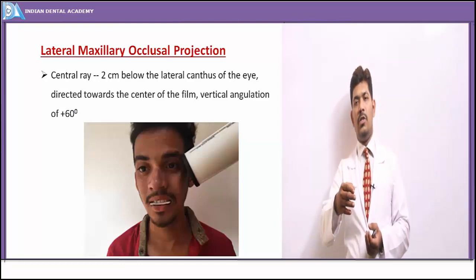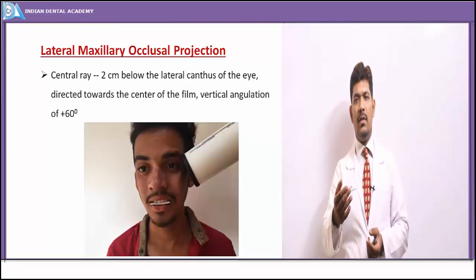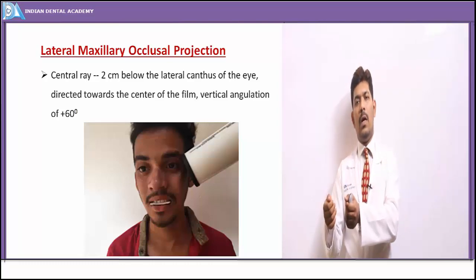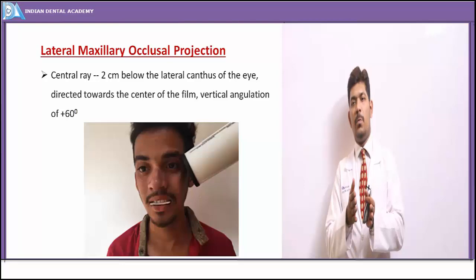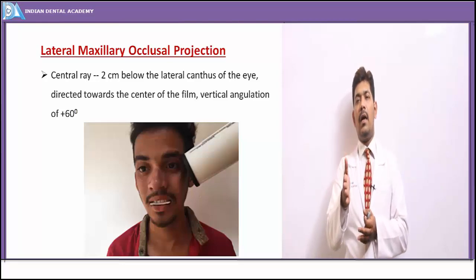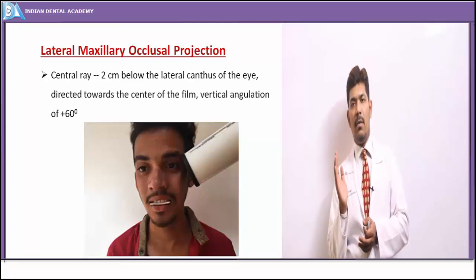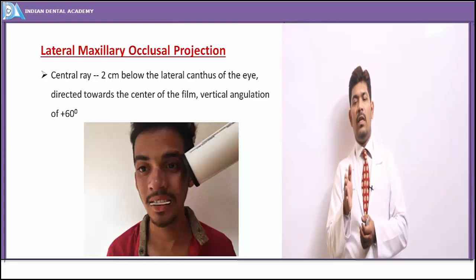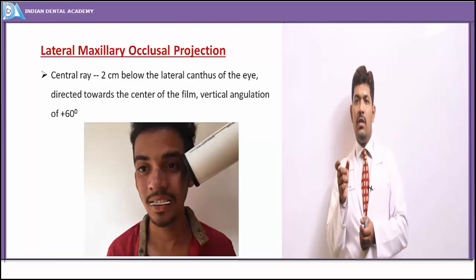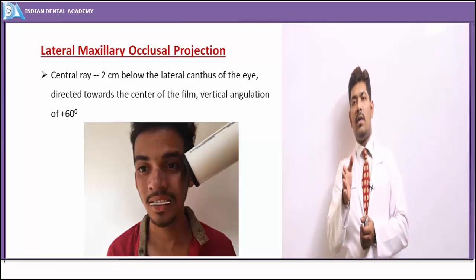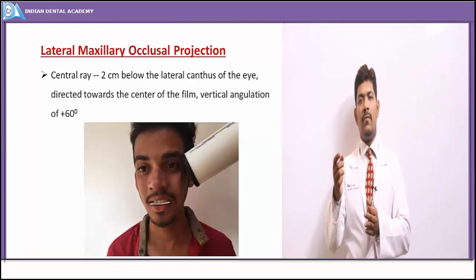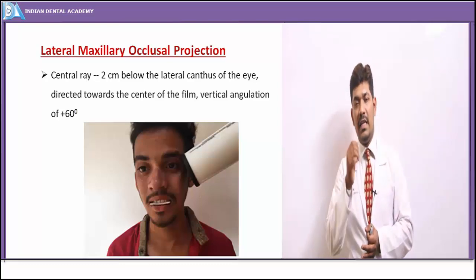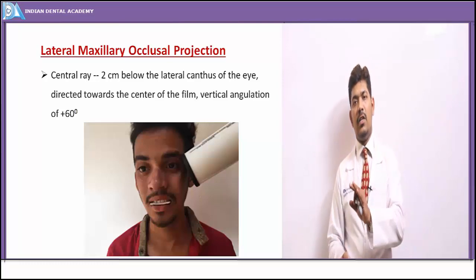The posterior end hits the rami of the mandible, then it is shifted to one side, the area of interest, either the right or the left, and it is pushed to such an extent that the film extends 1 centimeter beyond the buccal surfaces of the molars and the premolars, so as to adequately cover all the specific teeth in that particular arch, and then it is stopped over there.